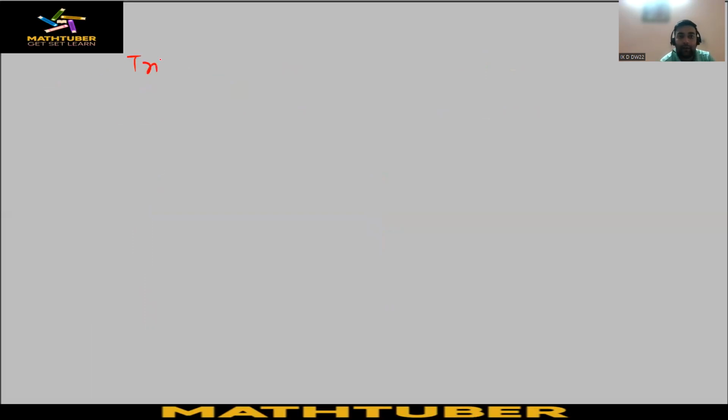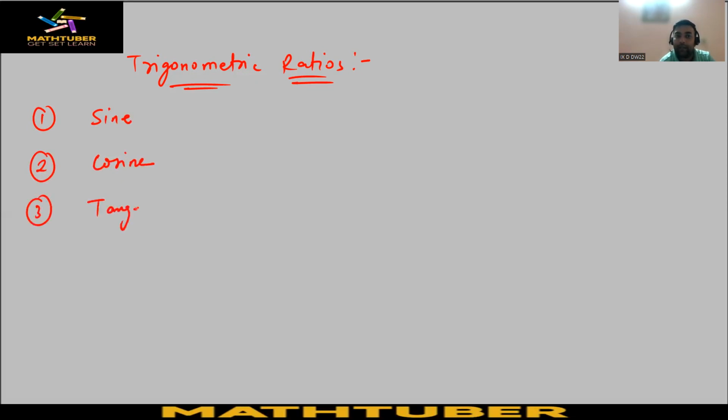So let's talk about trigonometric ratios now. The first is sine, second is cosine, third is tangent, fourth is cosecant, fifth is secant, and sixth is cotangent.